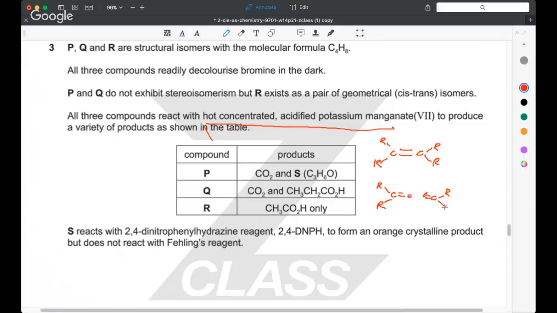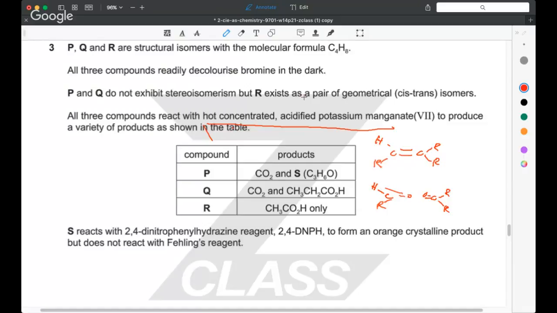Like that. You're breaking that alkene double bond there to give yourself the respective carbonyl compounds. Now, if one of those happened to be just a hydrogen atom rather than one of these R groups, then you end up with that carbonyl compound not being a ketone, but being an aldehyde, don't you? Like that.